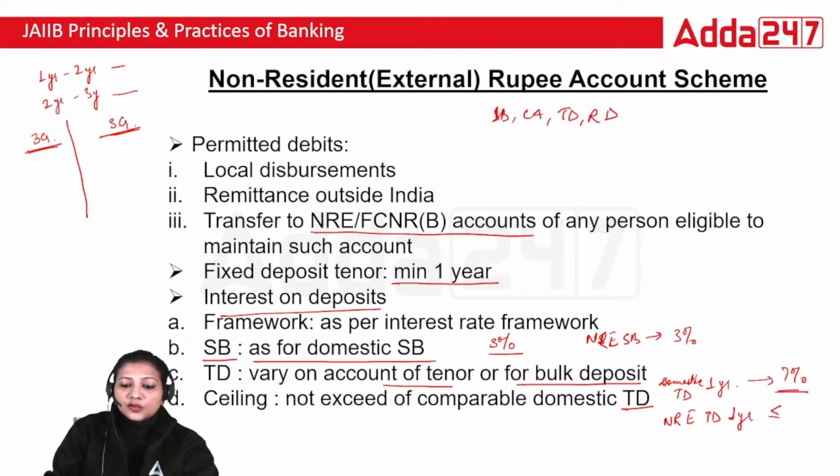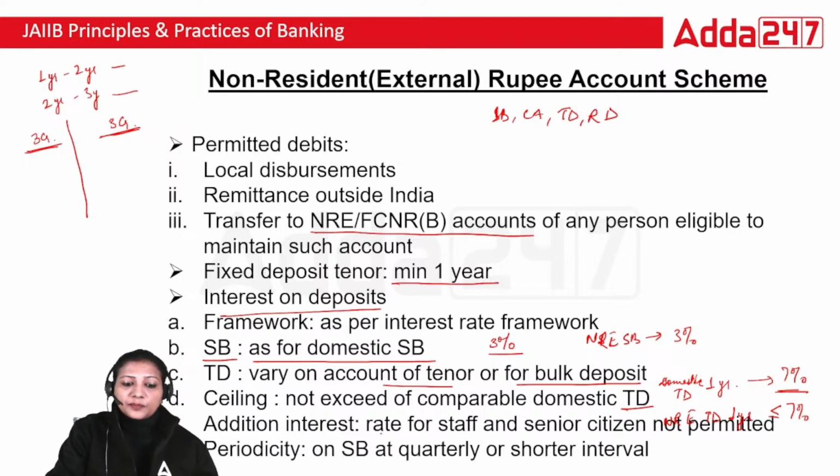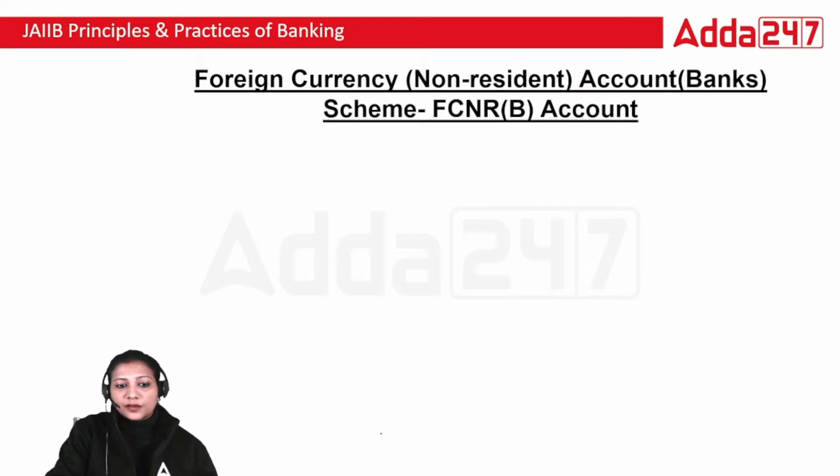It should be less than or equal to 7%. So it is not to exceed comparable domestic TD. Additional interest like we get for staff benefits or for senior citizens is not permitted in case of NRE accounts. And periodicity of interest payment on a savings account will be quarterly or at a shorter interval.